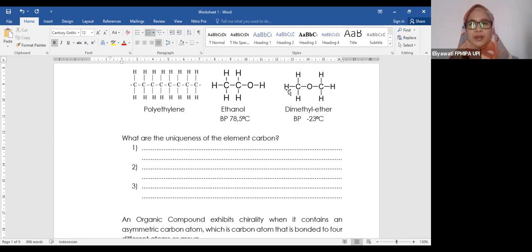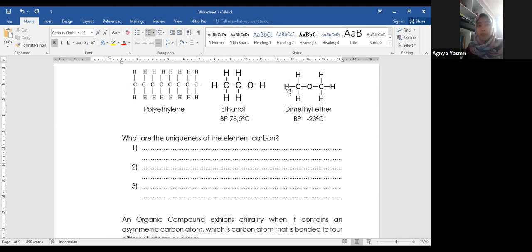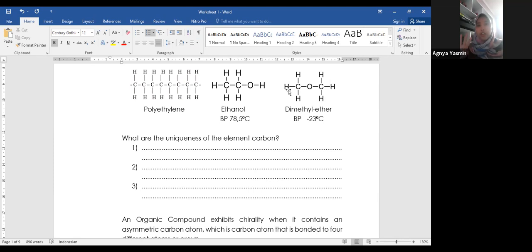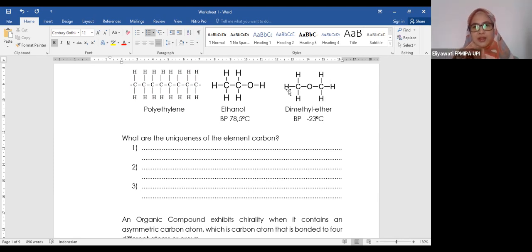Good. The second one, what is the uniqueness? Carbon can bond with up to 4 additional atoms. Okay, very good.